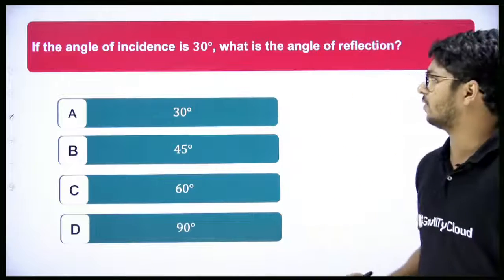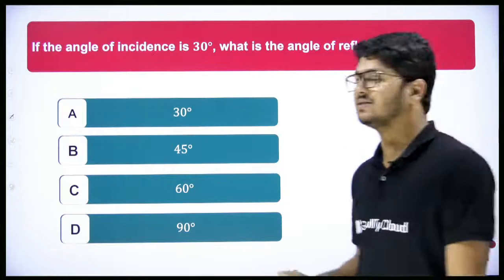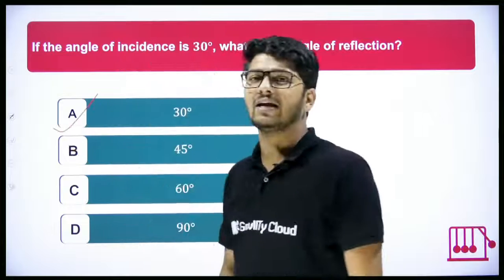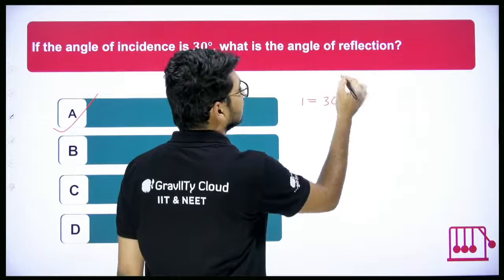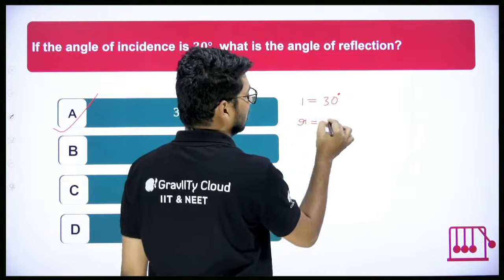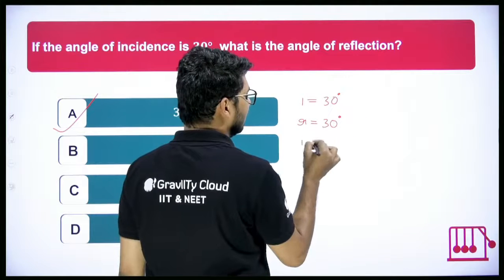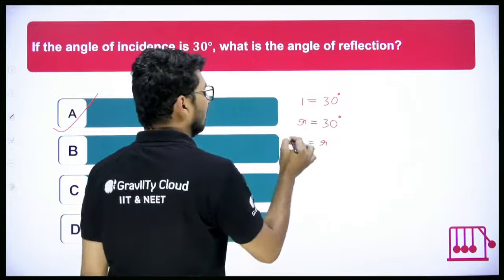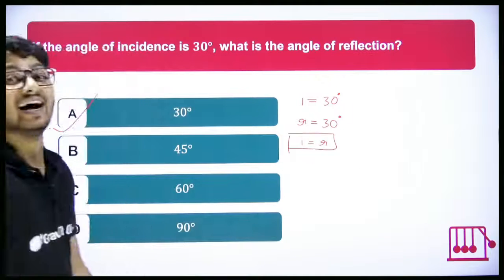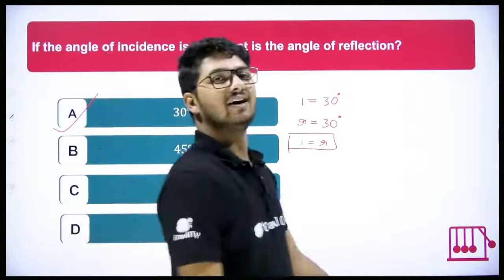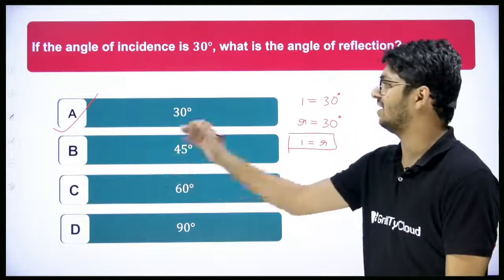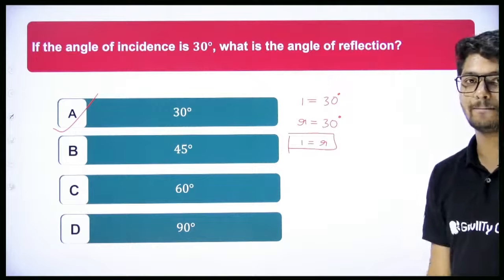Very simple, straightforward. The answer is 30 degrees itself. Why? Because the given information is I is equal to 30 degrees. According to the laws of reflection, I is equal to R, both of them are equal. That is the reason why R is also 30 degrees.